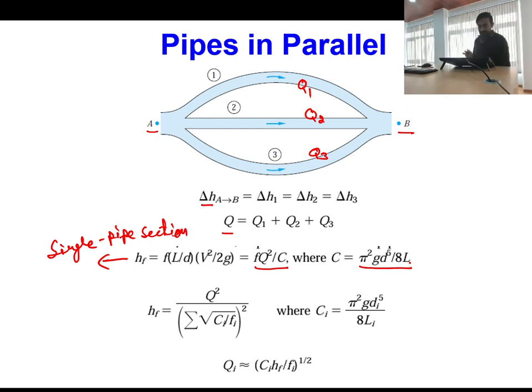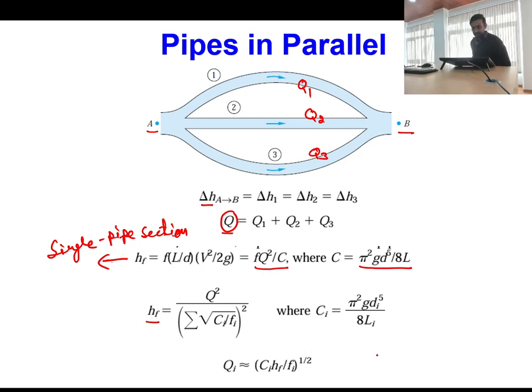This was only applicable for a single pipe. If I connect the head loss to the total flow rate Q through this parallel junction, I can represent the relation as head loss equals Q square divided by the square of the summation of the square root of Ci by fi, where Ci is pi square g Di to the power 5 divided by 8 Li, and fi is the friction factor for the individual pipe sections.